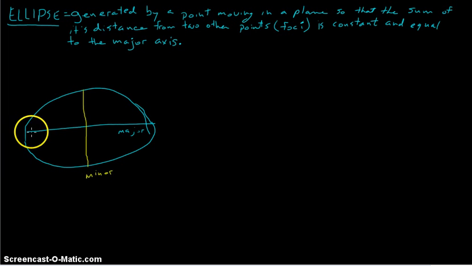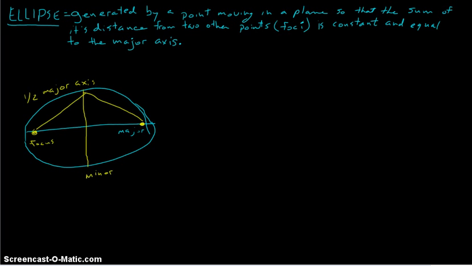Now, if I have 2 points here equidistant from the minor axis, these are our foci here. That's our focus. So what that means, and then say if I did a line there and here, this line will be half of the major axis.